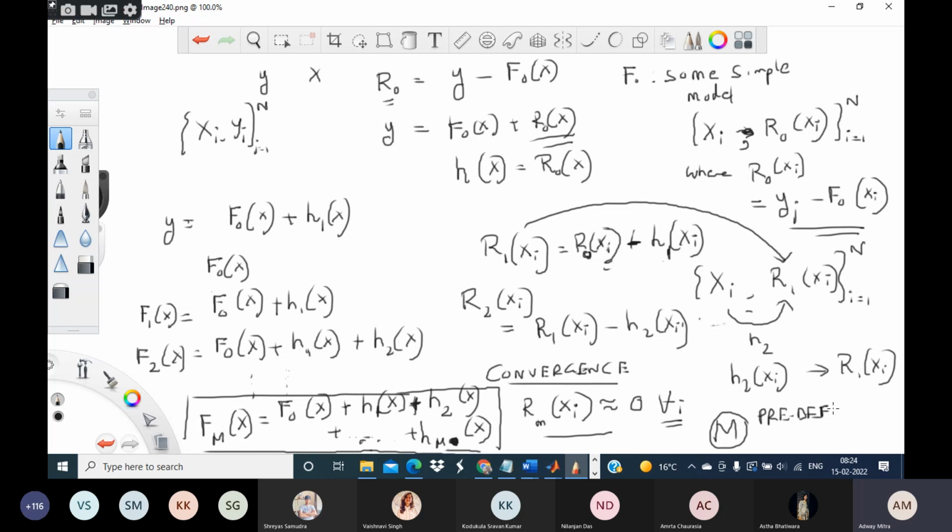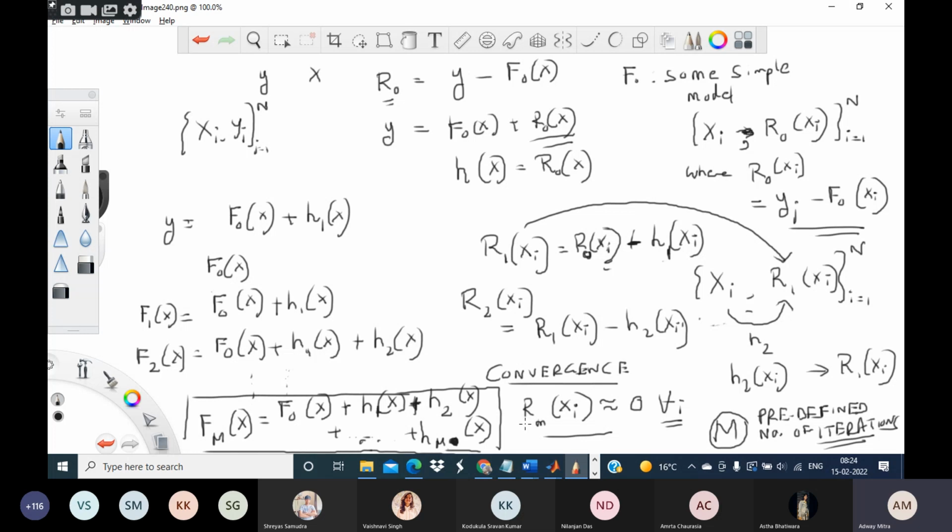So either we can do it for some predefined number of iterations, or we can just do it till convergence, that is, when we are not getting any further residuals. This is basically the broad idea in a nutshell.